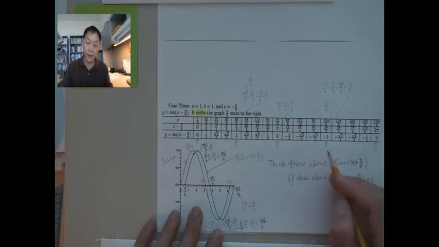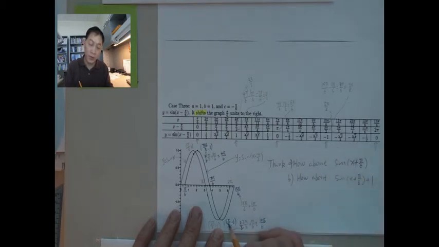That's down here. Is this point 5 pi over 3 pi over 6 units to the right of 3 pi over 2? Exactly, because 3 pi over 2 plus pi over 6, then you multiply numerator and denominator by 3.